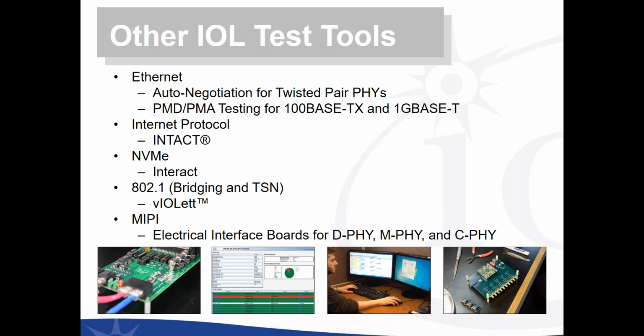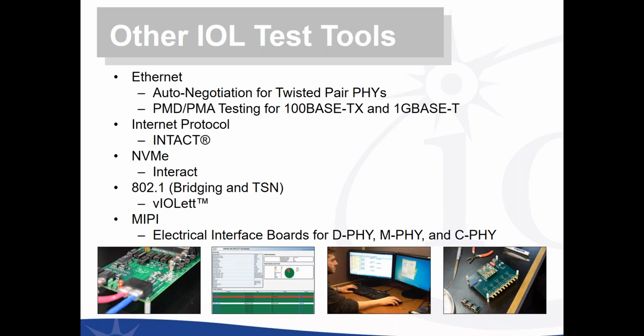Outside of the Ethernet space, we also commercialize tools for many of the other technologies in that basket of 30 technologies that we test here. For example, for Internet protocol, specifically IPv6, we have an intact software tool that allows you to get ready for either IPv6 Ready Logo program or the US government v6 program. We have a test tool in the NVMe flash memory space called Interact.